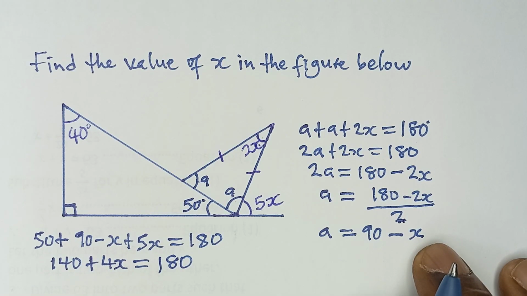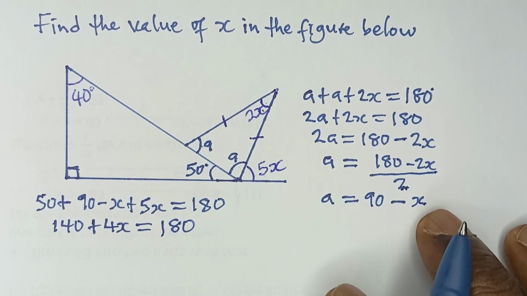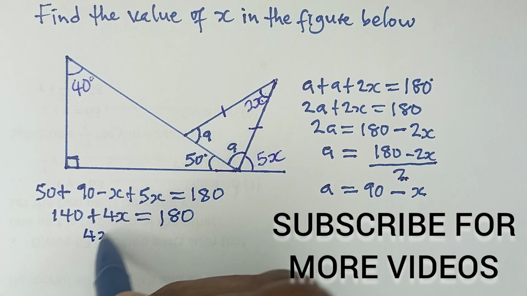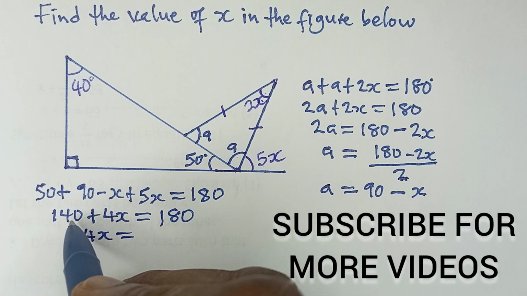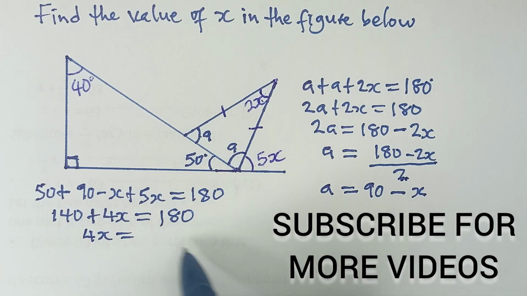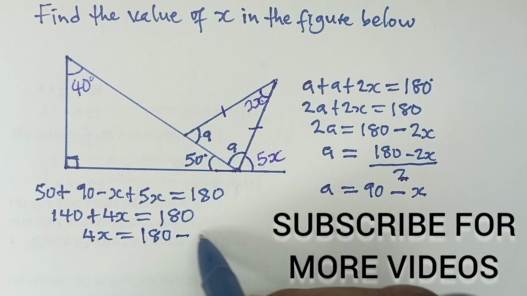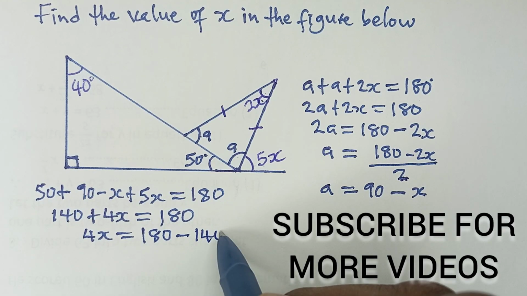So if I continue from there, 4x can be left on this side and is equal to the 180. The 140 becomes minus 140 when it goes to this side.